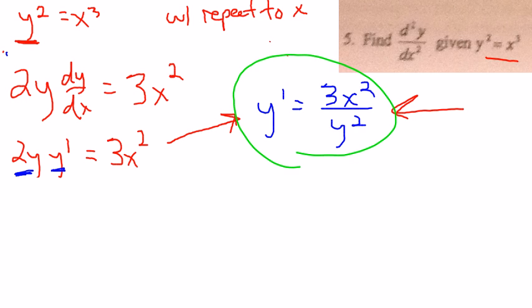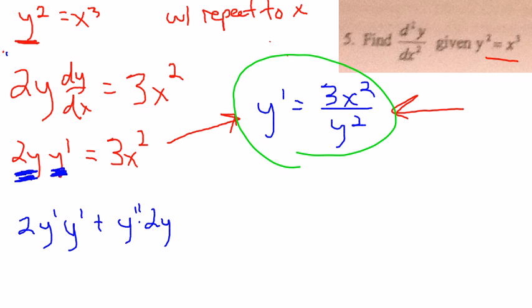So the derivative of the first is 2y prime, times the second, I get just straight up y prime. Then plus the derivative of the second, well, that's y double prime, times the first, which is 2y.